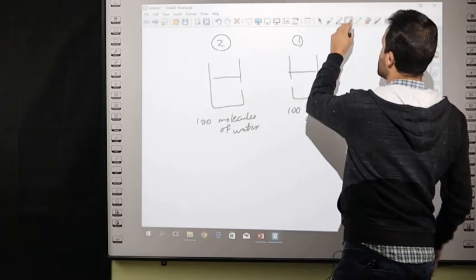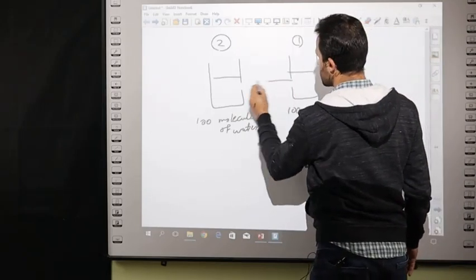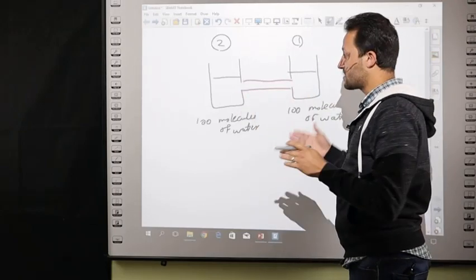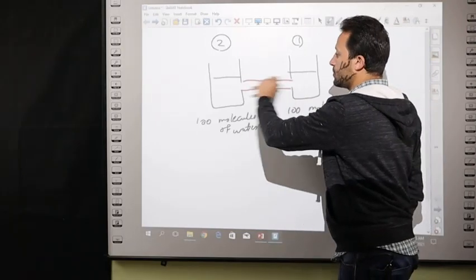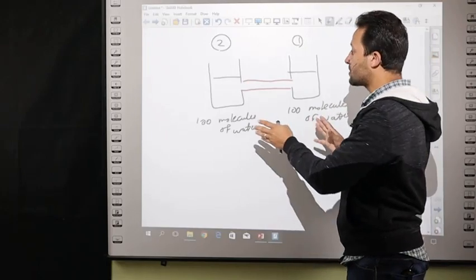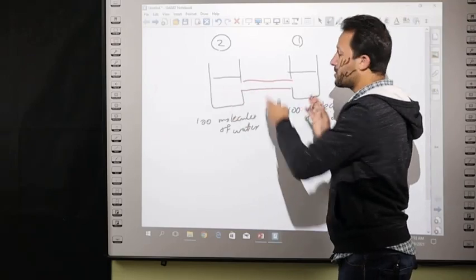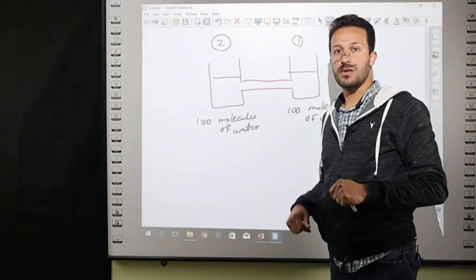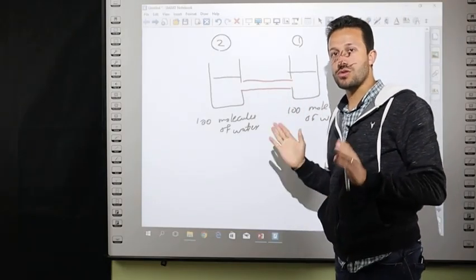So the question is, if we make something like a tube between the 2 cups, I will ask you, will the water move from 1 to 2 or from 2 to 1, or will it not move? You have a second to think.